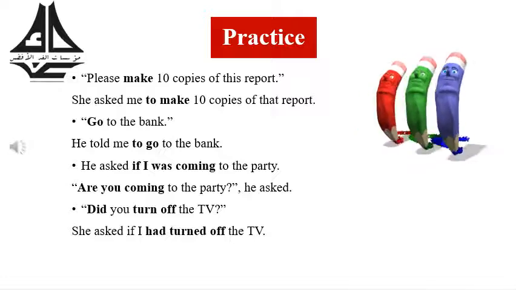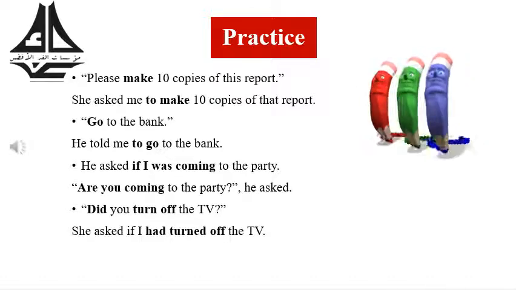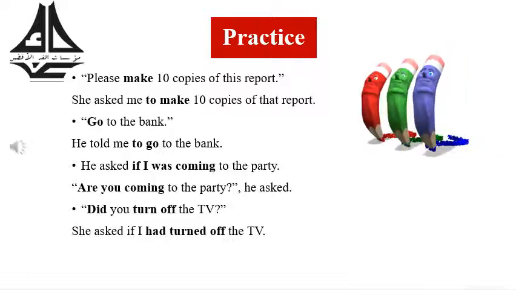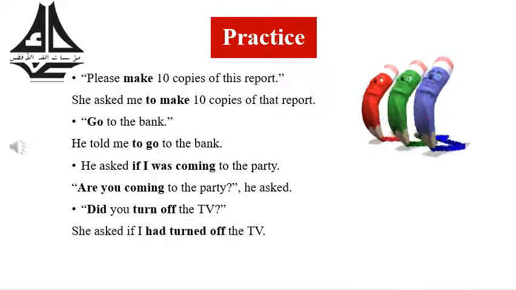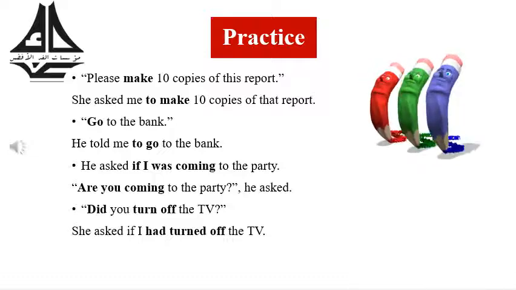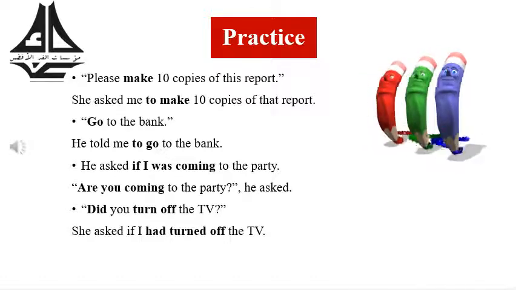So, she asked if I had turned off the TV. So I use if because it's a yes/no question. Had turned because I have to use the past perfect in addition to the subject, which is I. Finally, she asked if I had turned off the TV.